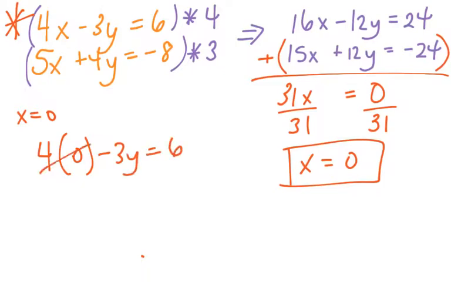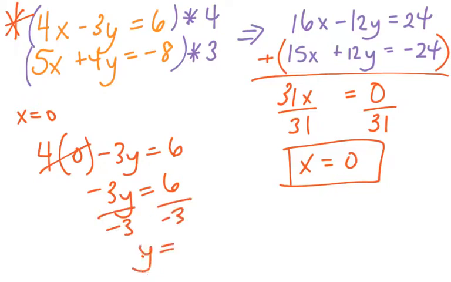Well, 4 times 0 is 0, so I get negative 3y equals 6. Divide both sides by negative 3, and we get y equals negative 2. So I know my x is 0. I now know my y is negative 2.